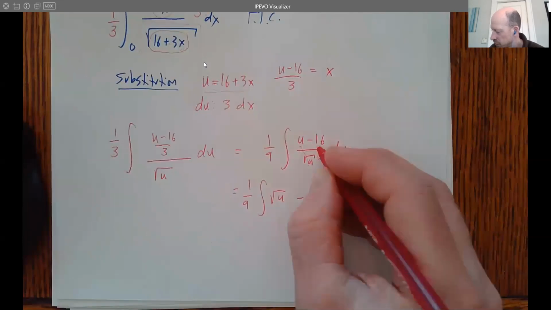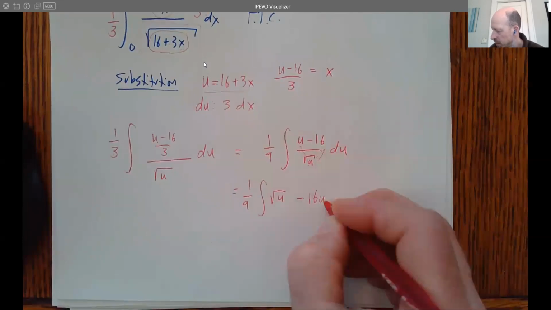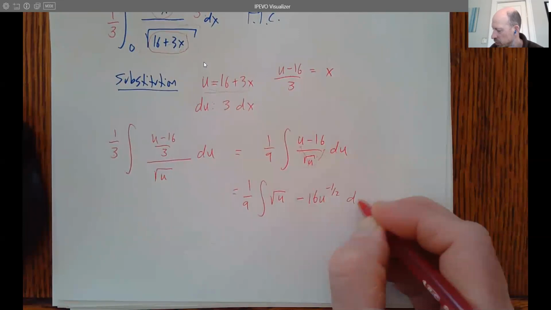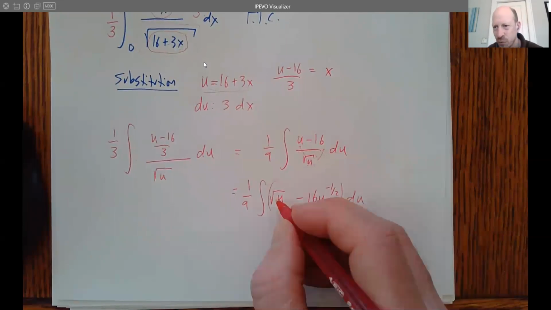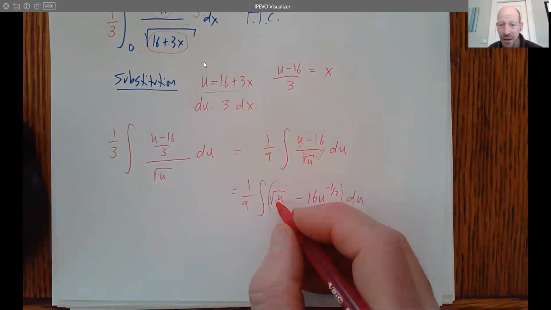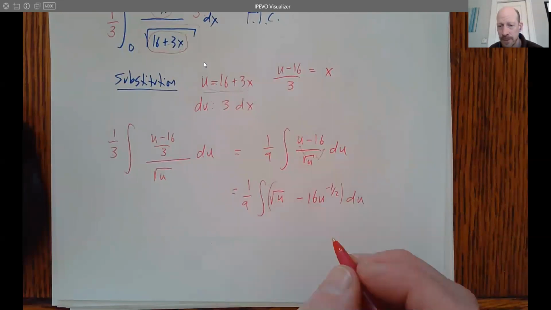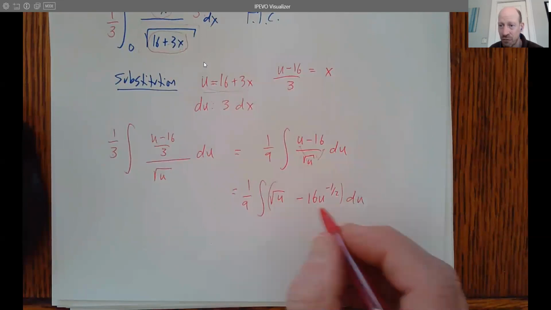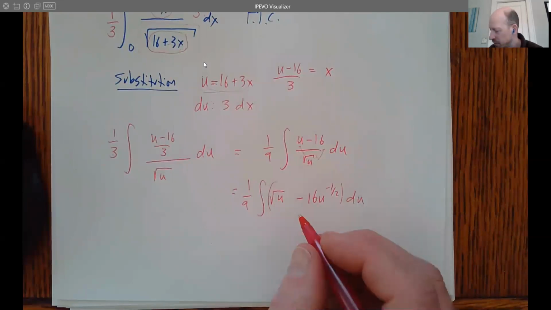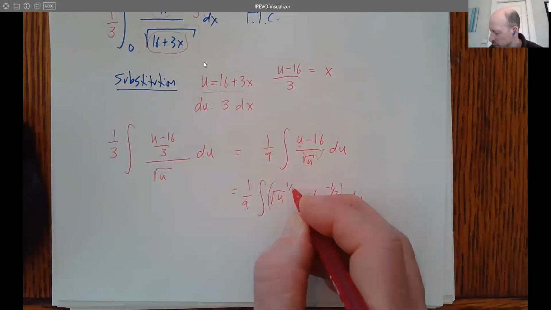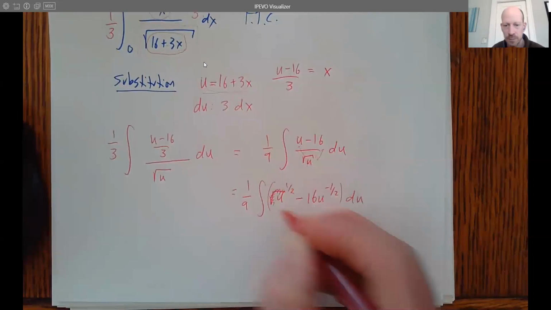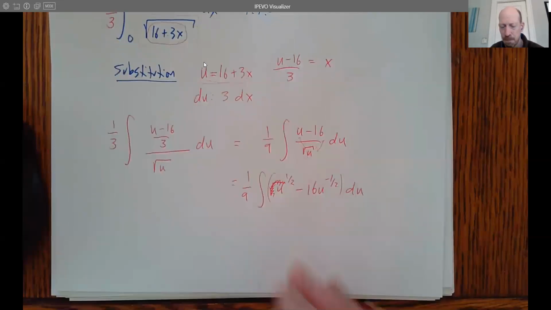And then this is going to be 16u to the minus 1/2 du. I could have written that as u to the 1/2, but I know the derivative of the square root, so I just kept that one as a square root. Maybe it's easier to write that one as u to the 1/2 too. Be consistent.